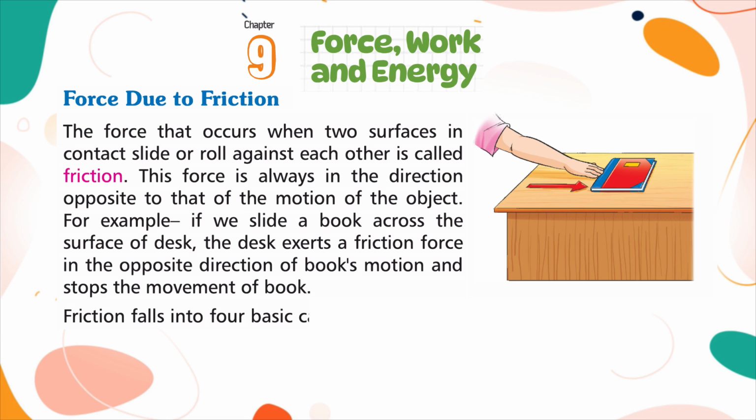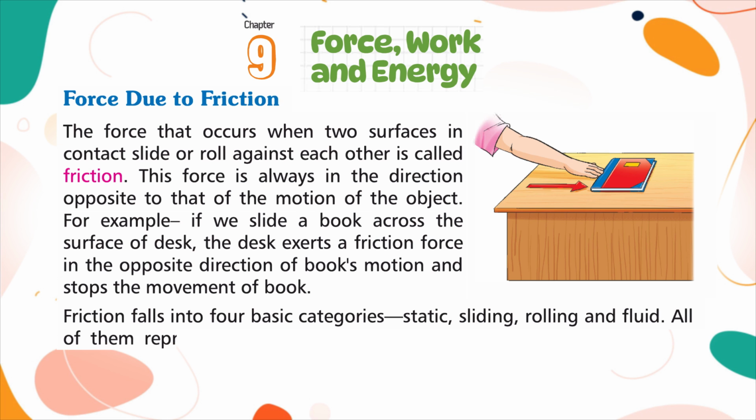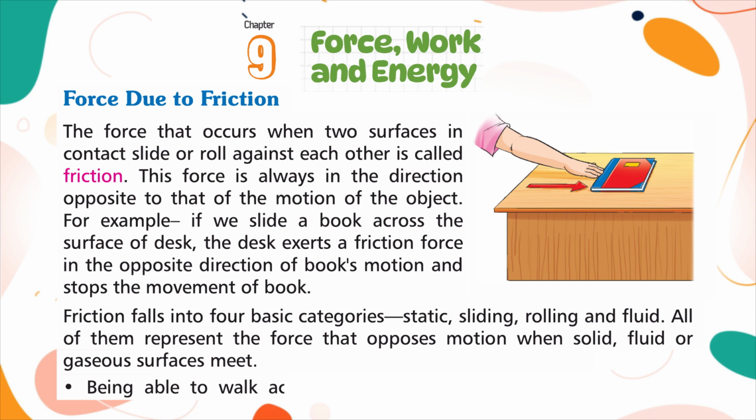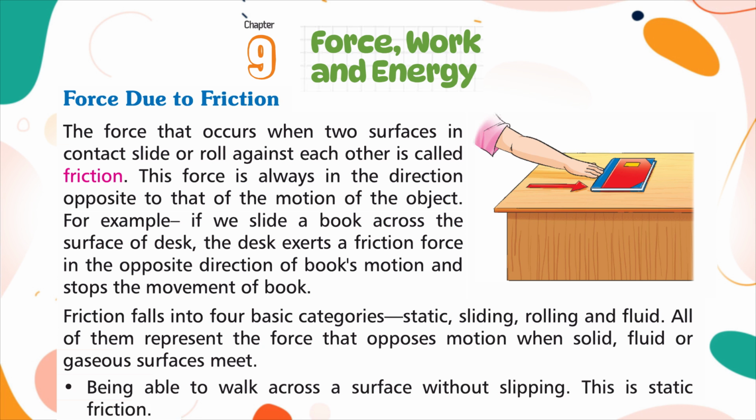Friction falls into four basic categories: static, sliding, rolling, and fluid. All of them represent the force that opposes motion when solid, fluid, or gaseous surfaces meet. Being able to walk across a surface without slipping: this is static friction.